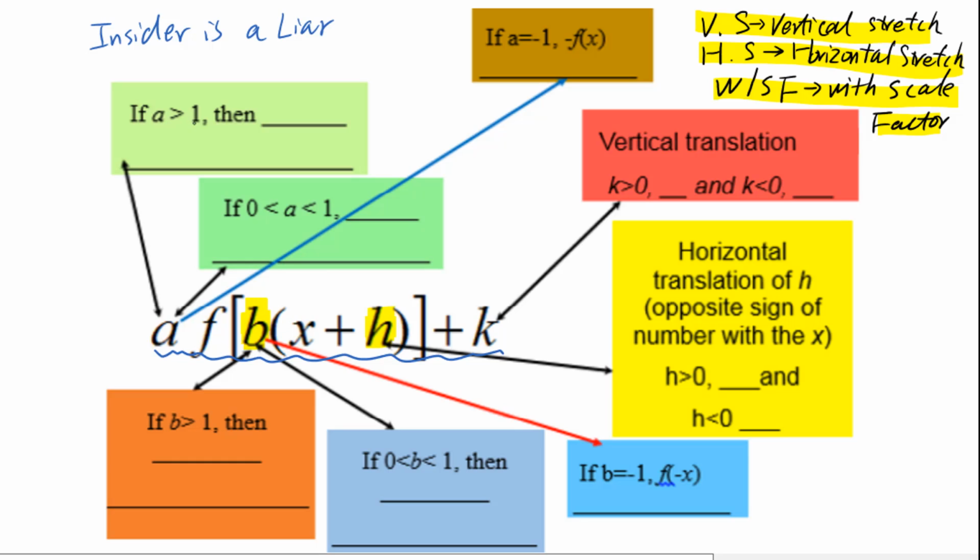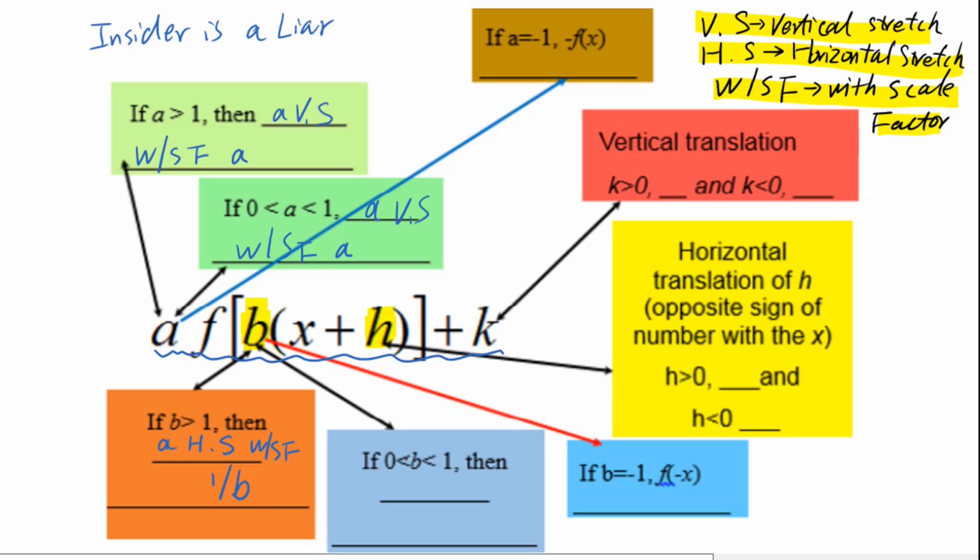For a greater than 1, a vertical stretch with a scale factor a. If a is greater than 0 and less than 1, still a vertical stretch with a scale factor a. For b greater than 1, a horizontal stretch with a scale factor 1 over b.